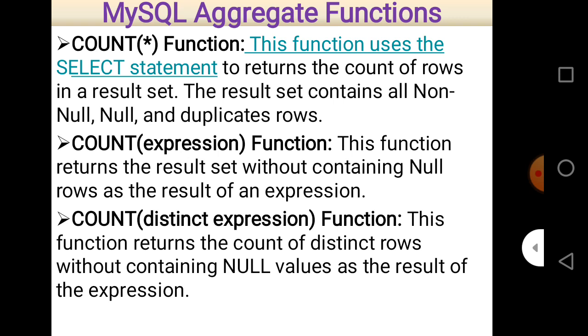That is the basic difference between count asterisk, count expression, and count distinct expression. According to the need, the circumstances, or whatever the requirement, we use different types of count functions in MySQL.